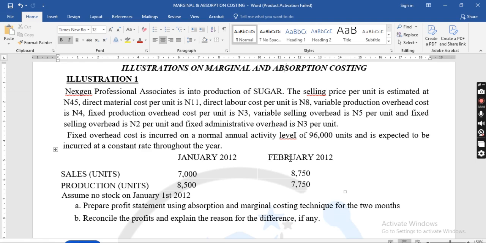This is the actual cost that they eventually incurred in this process. Class, what do we do? Do you have an idea of how we can determine our actual fixed overhead cost, since it is not given in the question?